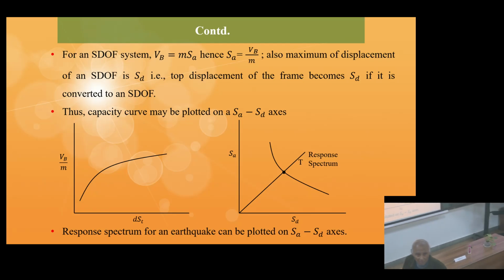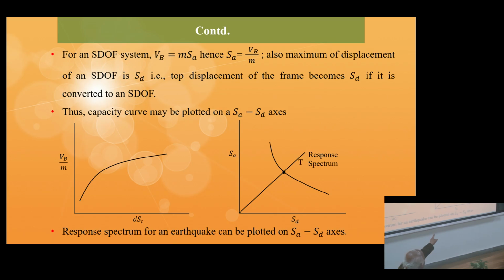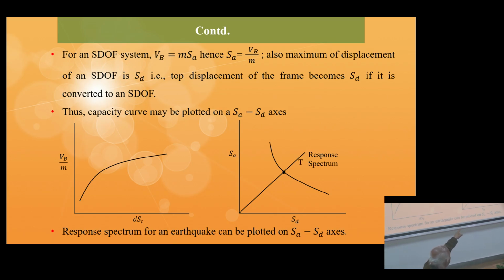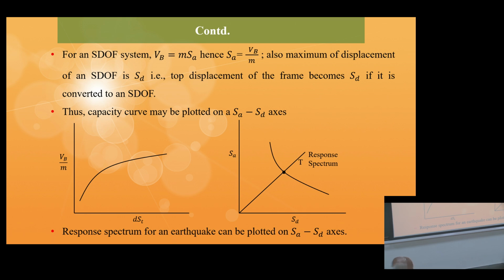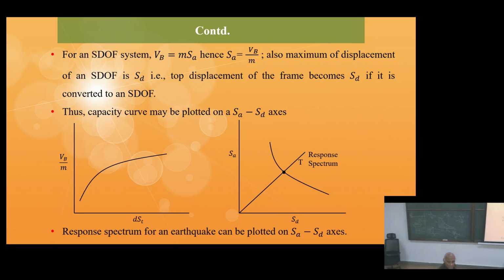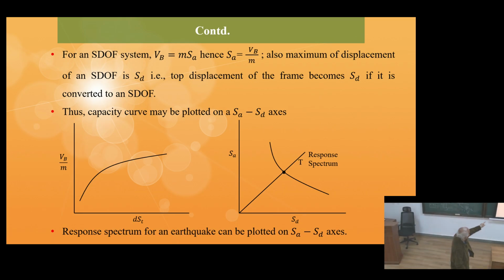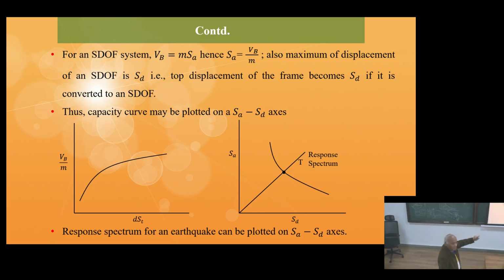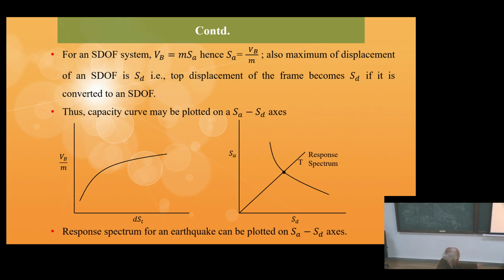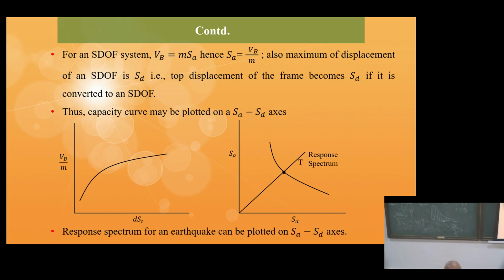And if I join any point, this point shows nothing but the SA-SD combination that gives me a particular value of T. It occurs for a particular value of T, that particular point. So this one I can plot as the SA-SD capacity curve. I have divided V by M, it has become SA, and top displacement itself is SD.